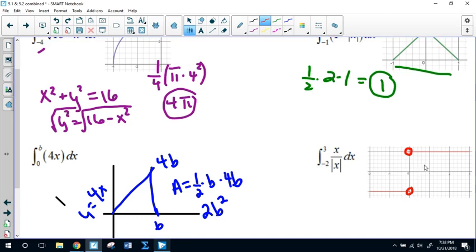So this causes an issue with our definition. If you were to go back and listen to the video again, you'd see that the definition of the integral is the area under the curve, but it is integrable over a closed interval. Well, this interval is not closed. It is open because of this part right here. So this one just is not possible.